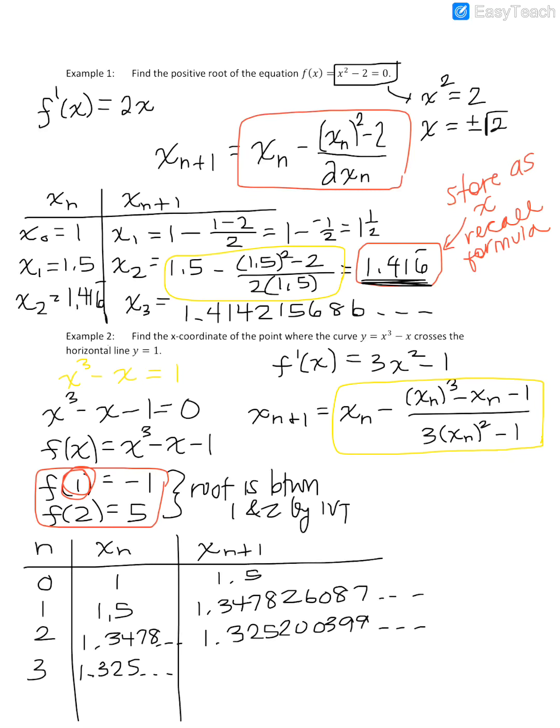And so now I'm storing that in my calculator, what I got there, and plugging it in again. So my x sub 4 now is going to be 1.324718174.